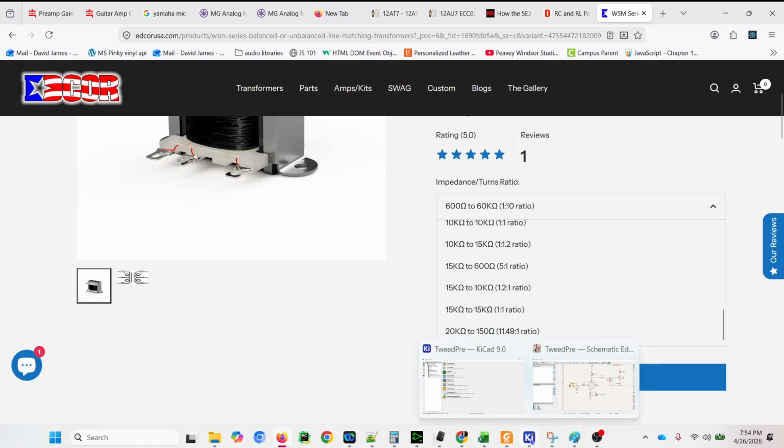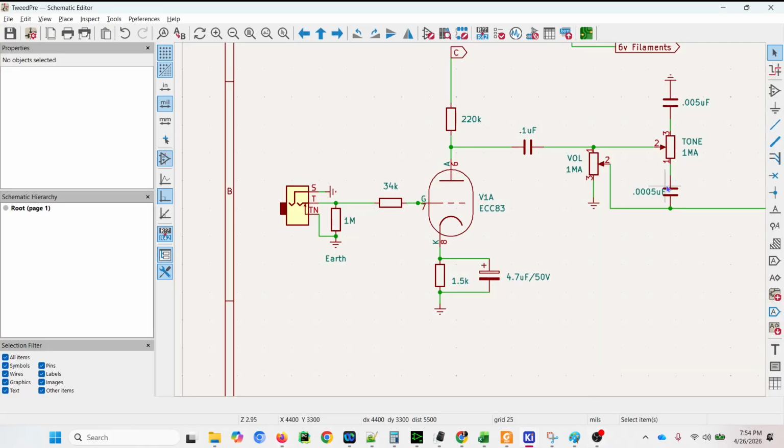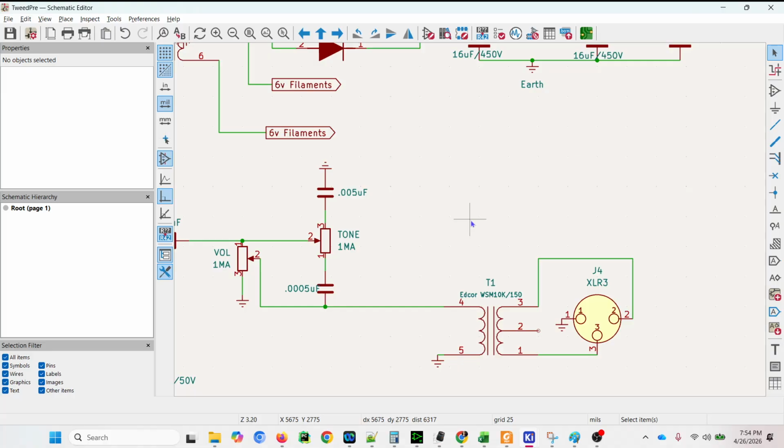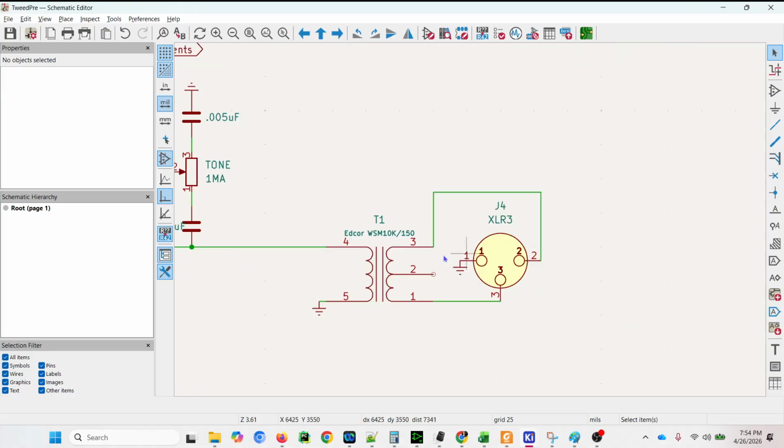The other thing that this transformer does for you is that one of the ways XLR cuts down on noise is that it acts almost like a humbucking pickup. As I said before, whenever you run your signal through a transformer that is center tapped, as it is right here, one end is going to have an original copy of your signal. The other end is going to have a phase shifted copy of your signal.